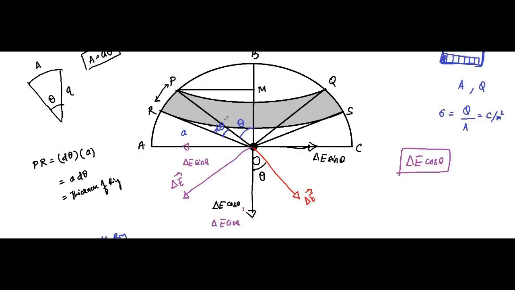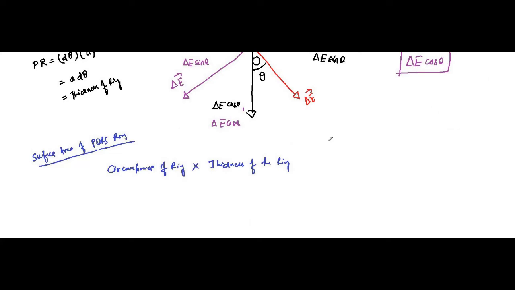So here, for calculating the surface area of this ring structure, let us determine the radius PM. So this is radius A, this is theta, so this will be basically A sin theta. PM is equal to A sin theta.